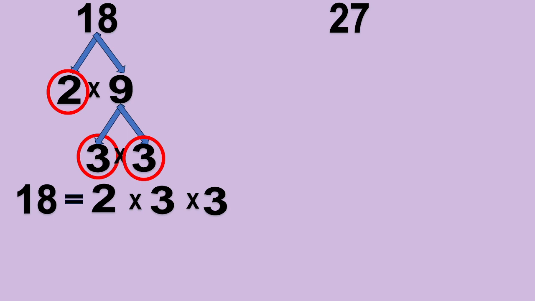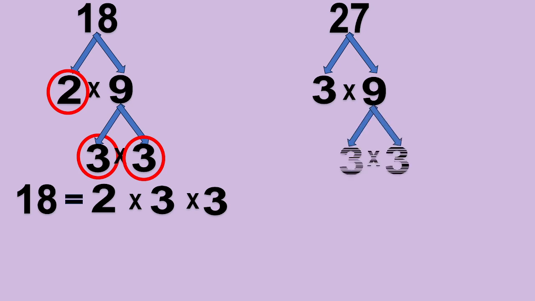Next, let us find the prime factors of 27. We have 3 and 9. 3 is a prime number and 9 is a composite number. So the factors of 9 are 3 and 3. Now, list the prime factors of 27.